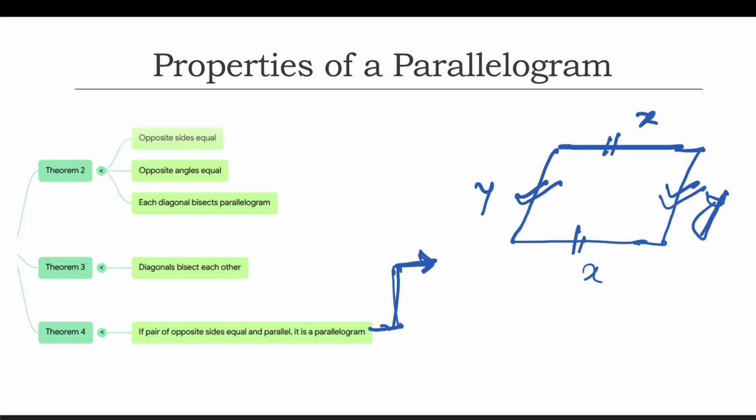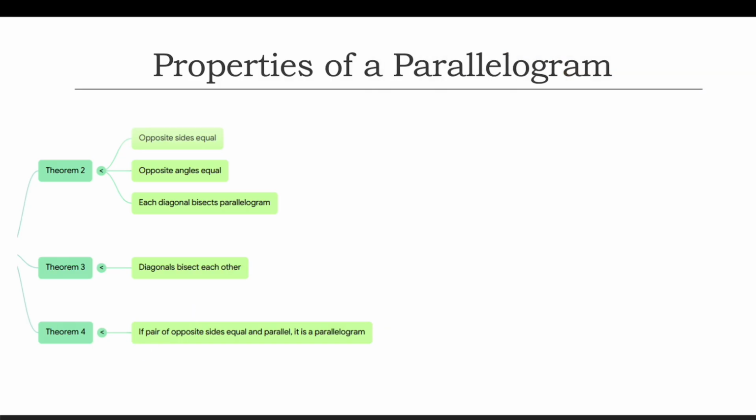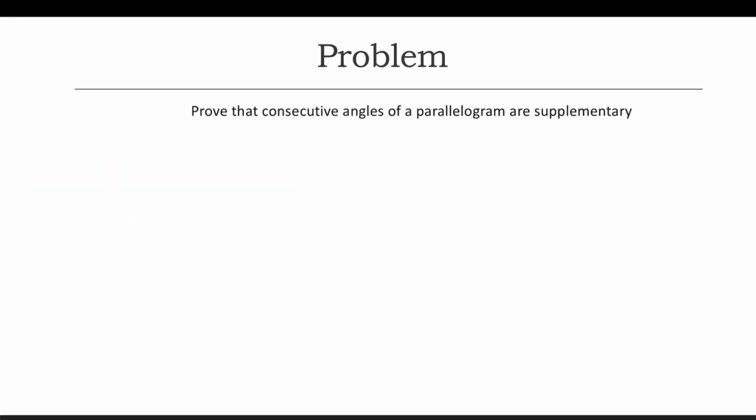So the fifth theorem is not that relevant, because all the properties that we have seen come to this also. So please remember all these properties. Opposite sides of a parallelogram are equal, opposite angles are equal, each diagonal divides the parallelogram into two parts, and wherever the diagonals intersect, they bisect each other. Clear till here? So now let's right away jump to questions.